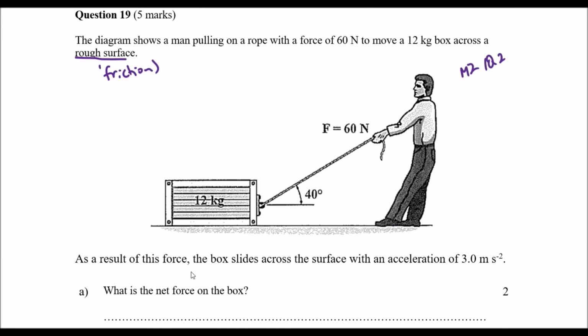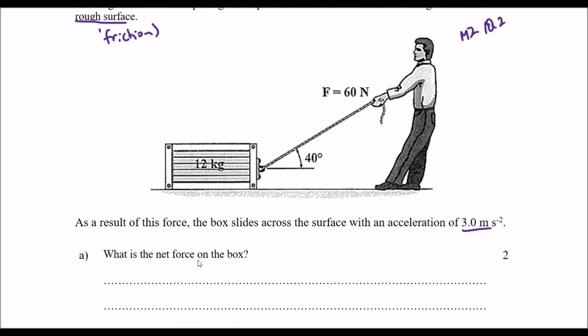As a result of this force, the box slides across the surface with an acceleration of 3 meters per second squared. So that's the acceleration. The question is, what is the net force on the box? Okay, so the net force on the box, we can work it out in two ways. We have the acceleration, we have the mass.